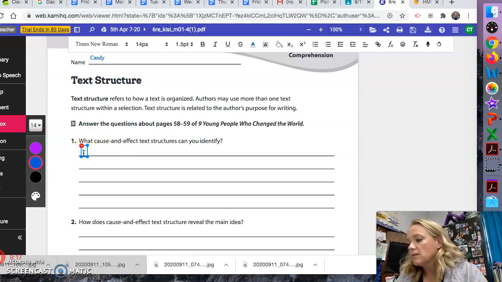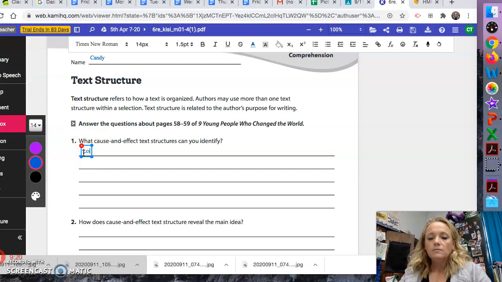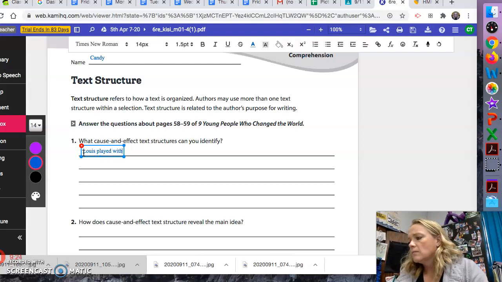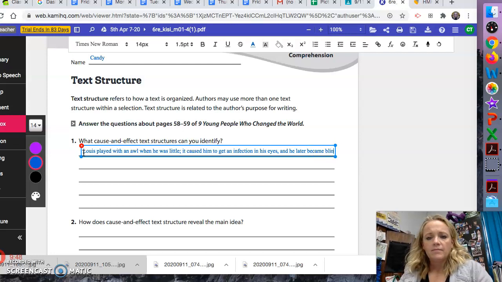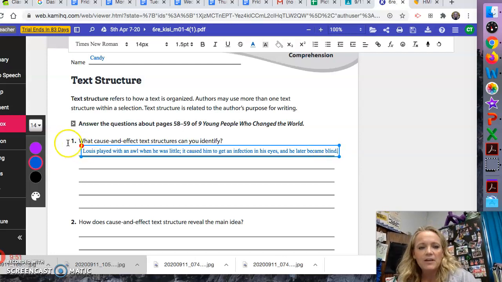So you could type in something like this. There's 100 different ways you could word that.